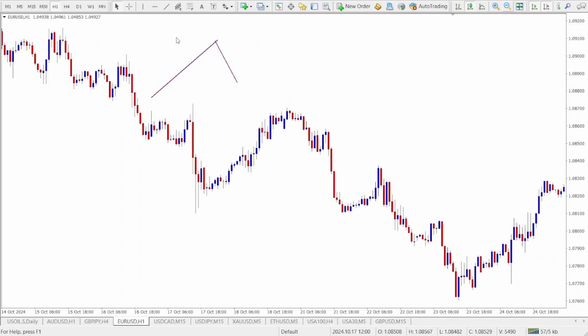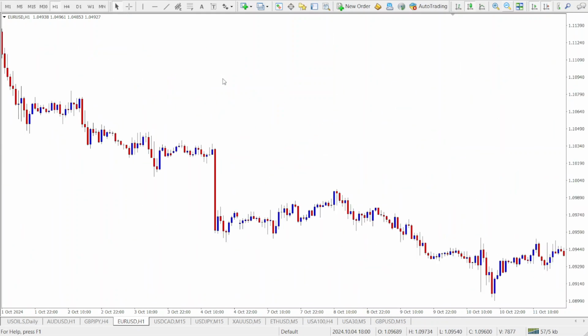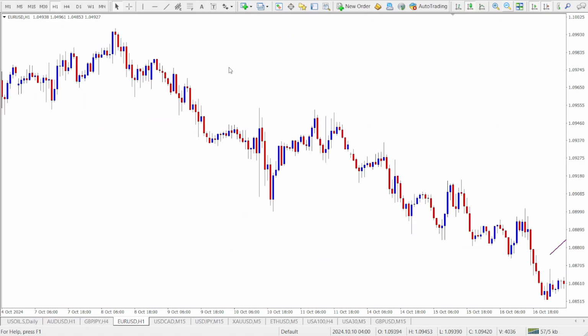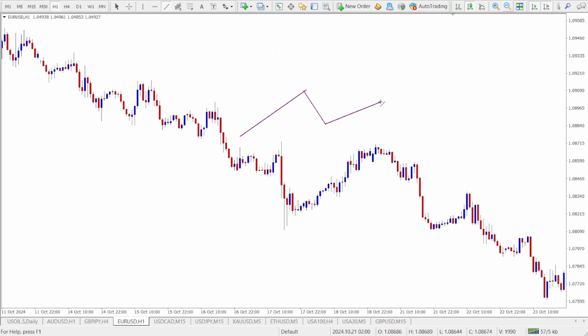Let's assume that this is our third wave, and then this is a fourth wave, and this is our fifth wave. It's an assumption. So now let's just assume that the running flat pattern was found in the second wave.